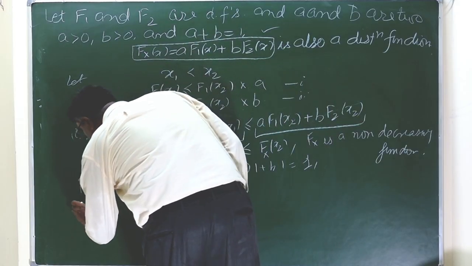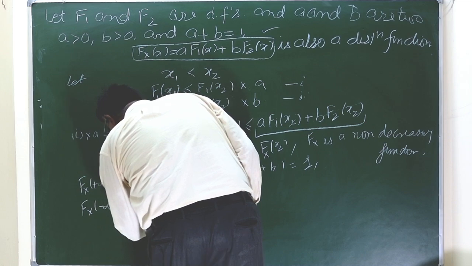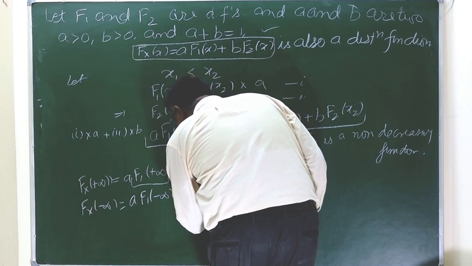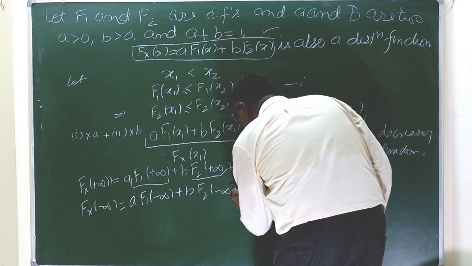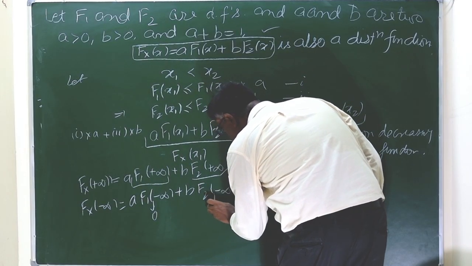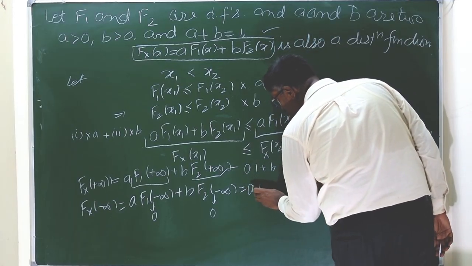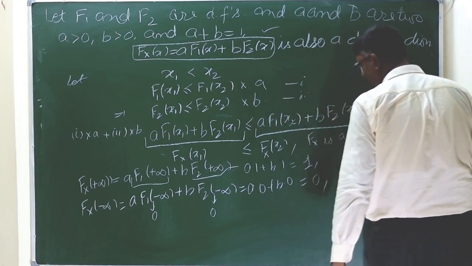Now similarly, F of x at minus infinity, we are given a times f1 at minus infinity plus b times f2 at minus infinity. Since these terms are also distribution functions, at minus infinity these terms will be 0. So it will be a into 0 plus b into 0, which is again 0.